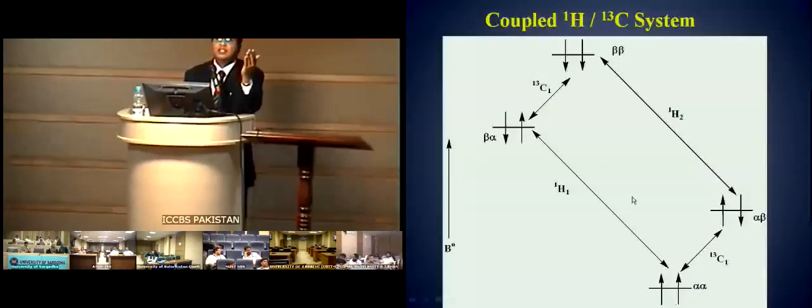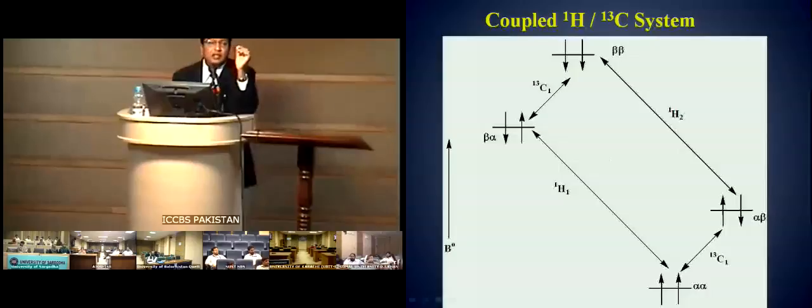There are four transitions. Two are proton transitions in which the proton spin is flipped, and two are carbon-13 transitions in which carbon-13 is flipped. These two proton transitions are absolutely equivalent, and these two carbon transitions are equivalent too.